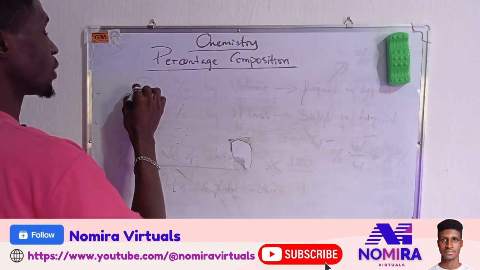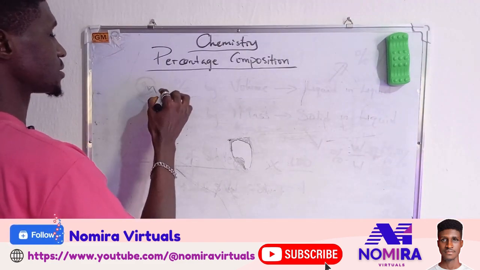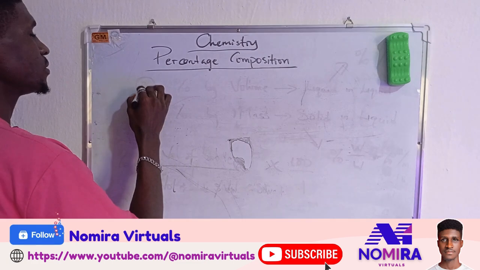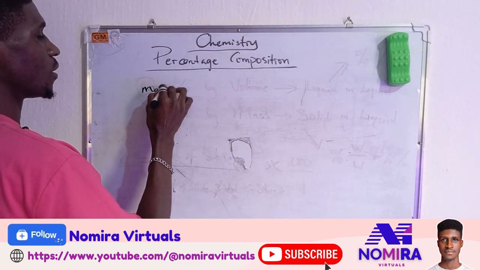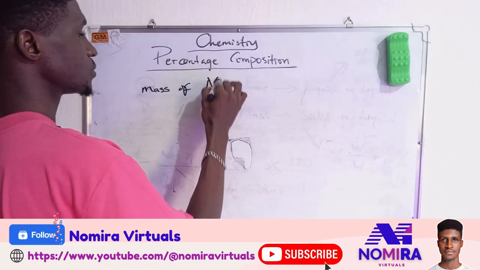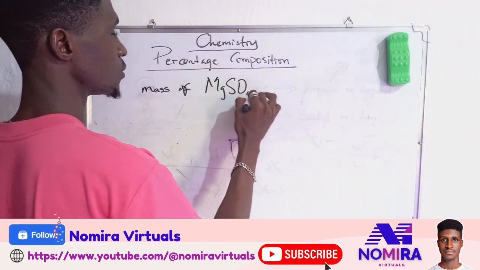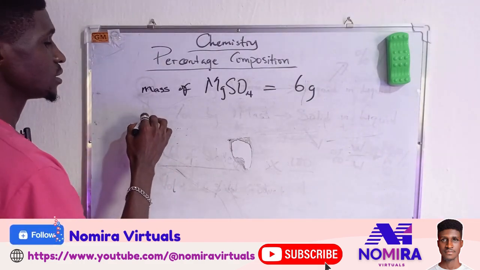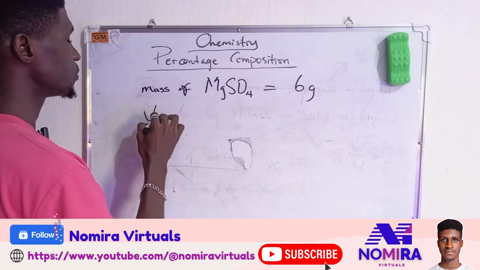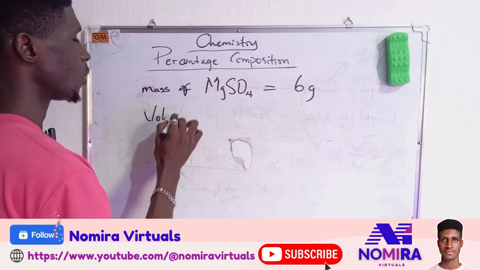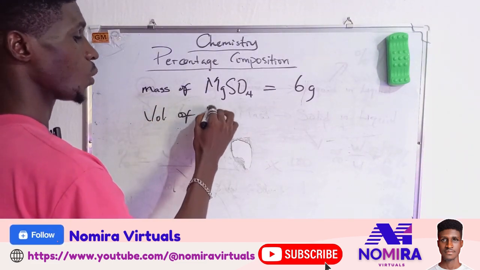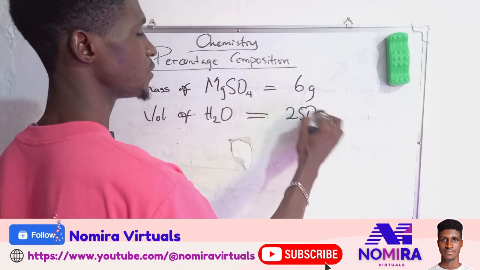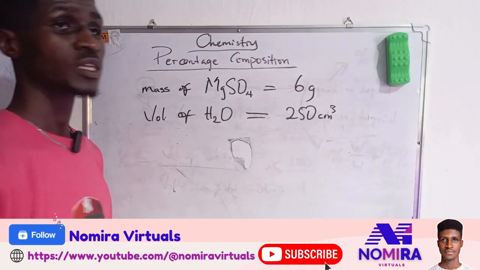We are given the mass of magnesium sulfate to be 6 grams, and then we are given the volume of water to be 250 cm cube.